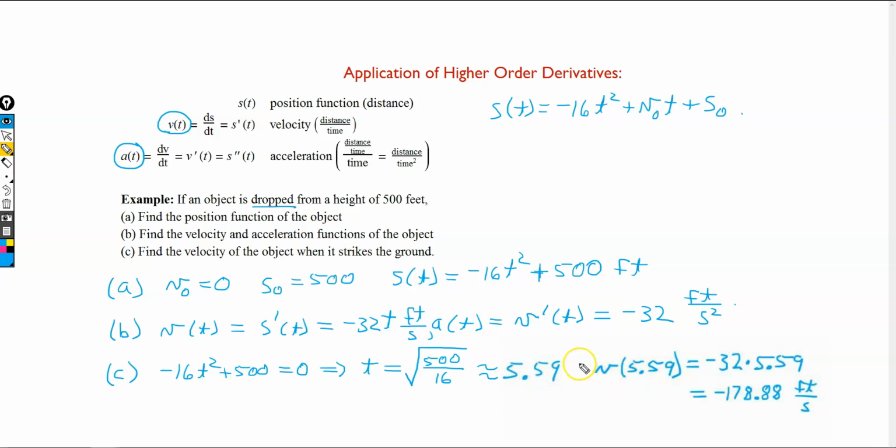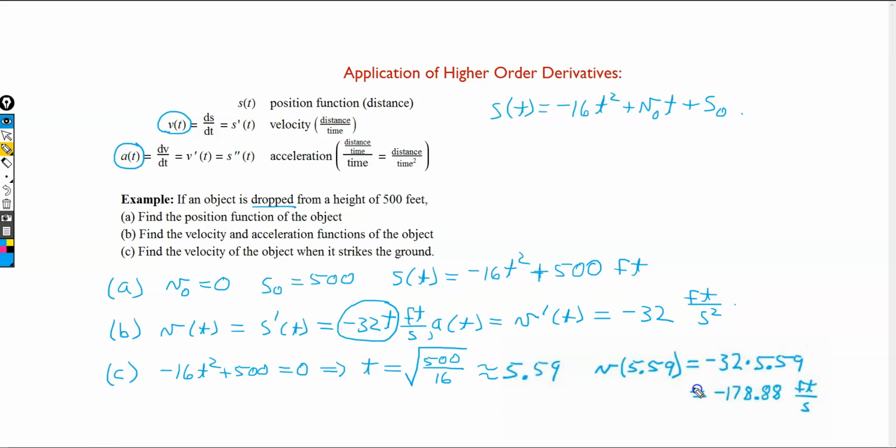If we want to find the velocity of the object when it strikes the ground, we have to take this number and put it into our velocity equation right here. We need to put that number in for t. And what we get then is v of 5.59 is equal to negative 32 times 5.59.